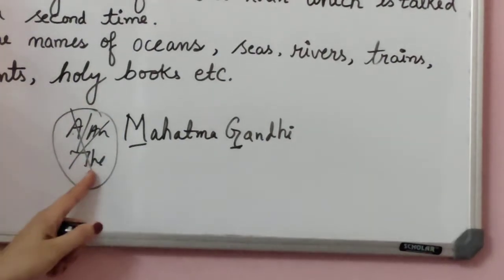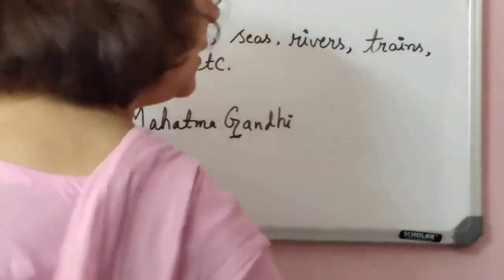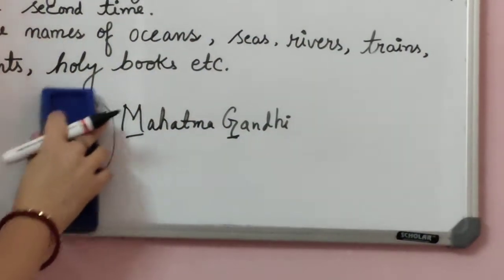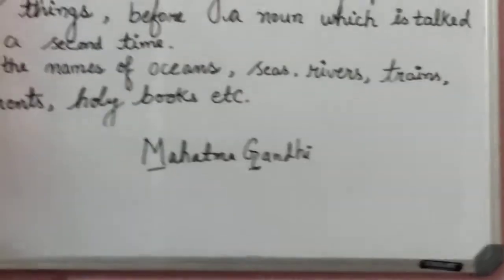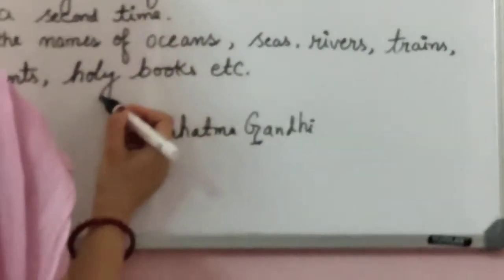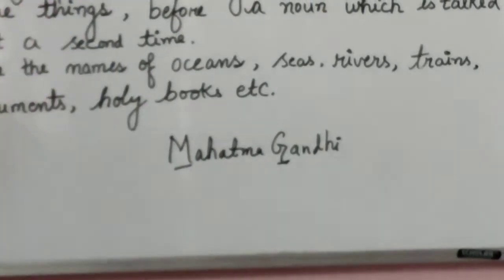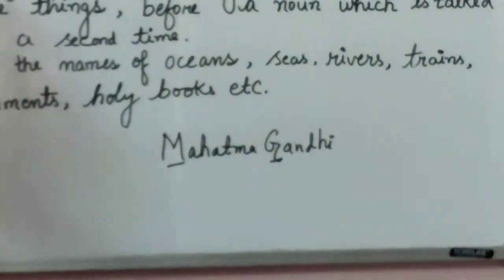But sometimes we use the. Why? Suppose we are talking about a boy in my class who behaves like Mahatma Gandhi, means he always trusts, he always speaks truth, he supports non-violence.